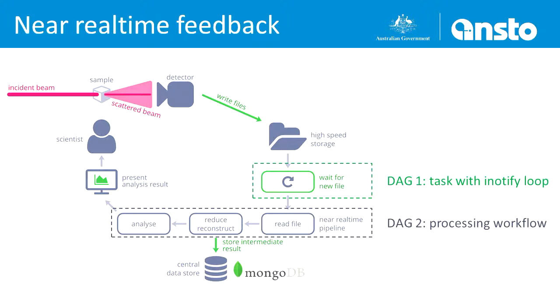So typically, if we do that, we use inotify or similar systems. And then you would have a second DAG, and that would be your processing workflow. And then in DAG 1, that task would be like, oh, there's a new file. OK, I start DAG 2 and process that file. And you can have this whole description in one single file if you really like to, and it's all written in Python.